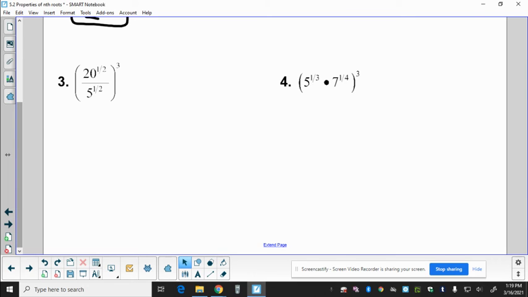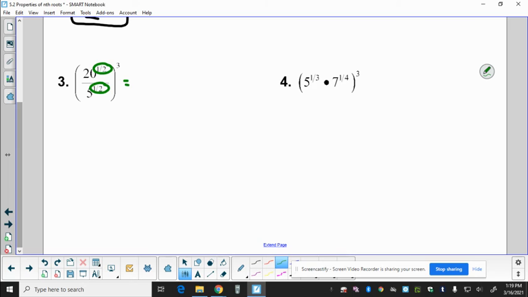How about 3 and 4? Let's take a look at those. Let's try to work those out. Okay, in number 3, I think what I would do is I would look at this and say to myself, you know, I'm seeing a 1/2 power here.